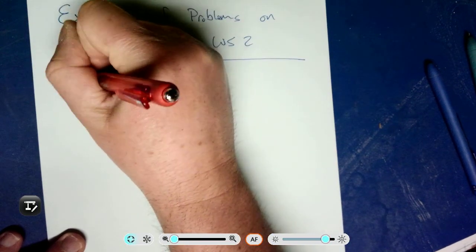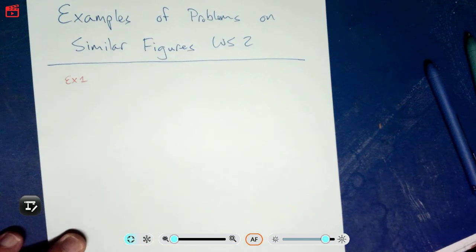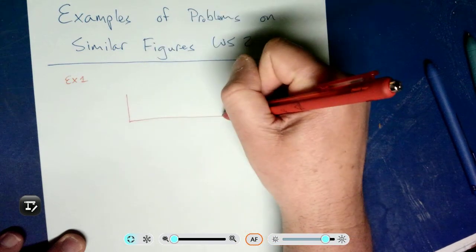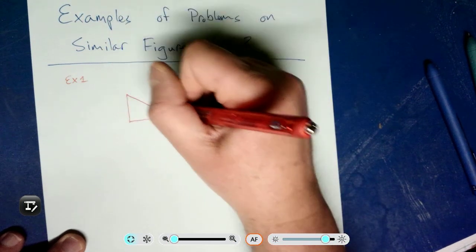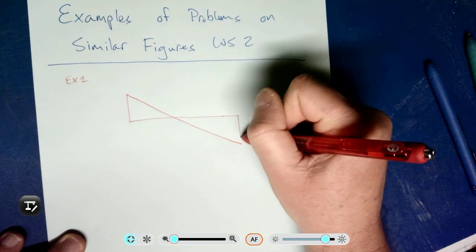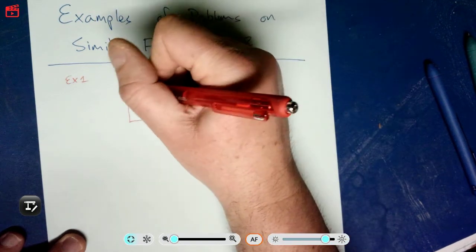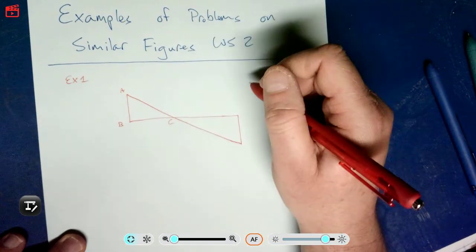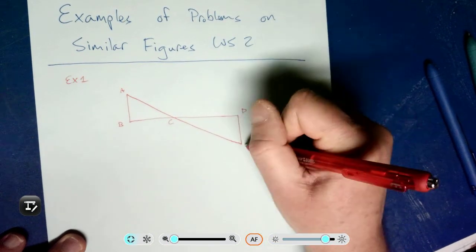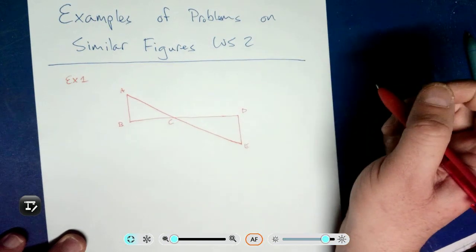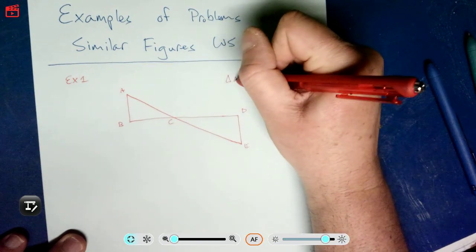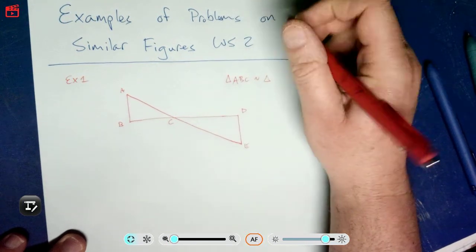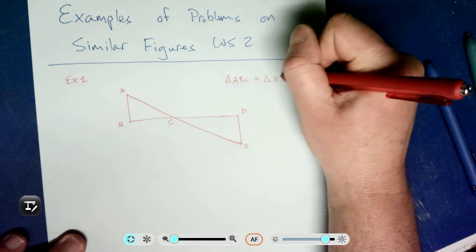Example 1. Let's say we have two similar triangles formatted or oriented such as this, and we have triangle ABC on the left and DEC on the right, and triangle ABC is similar to triangle EDC.